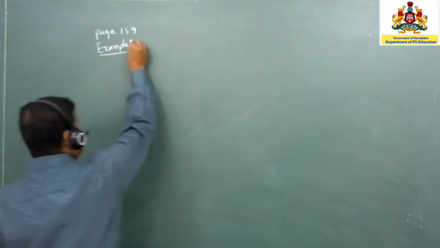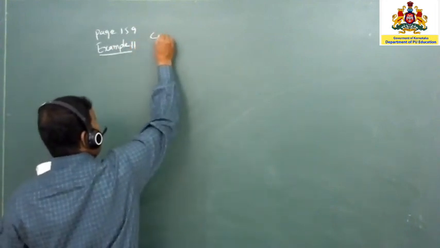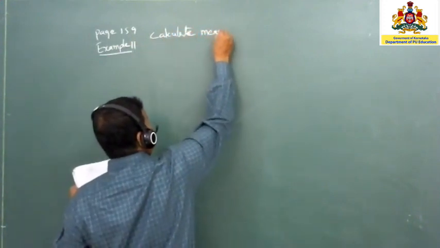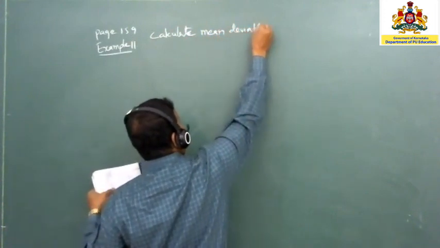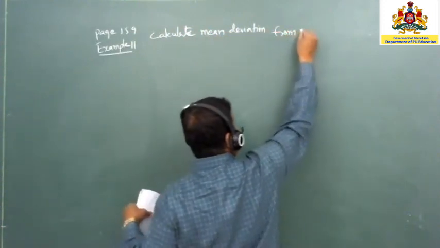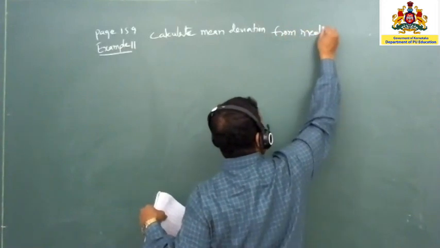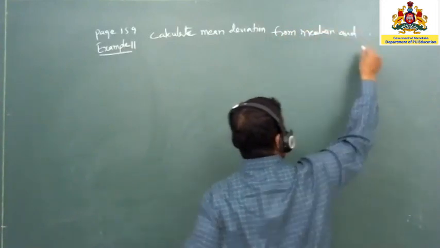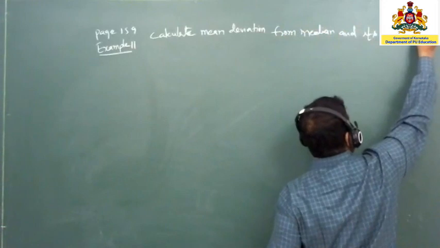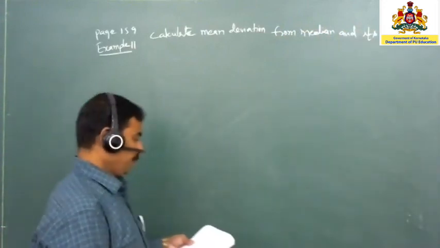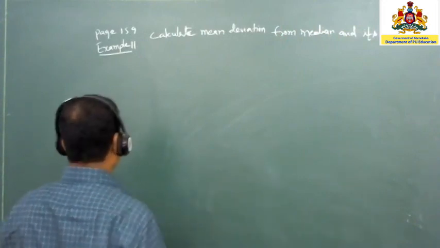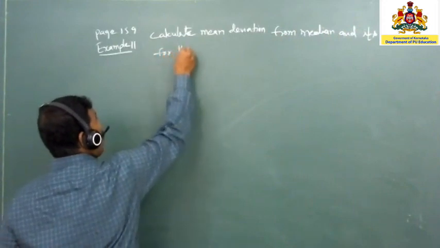Calculate mean deviation from median and its coefficient, or relative measure, for the following data.